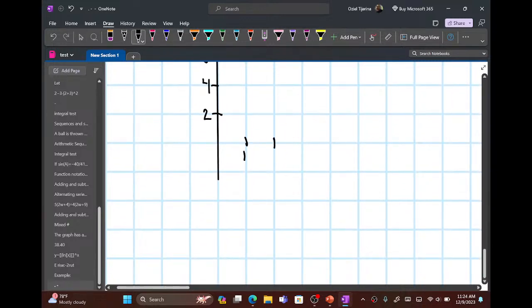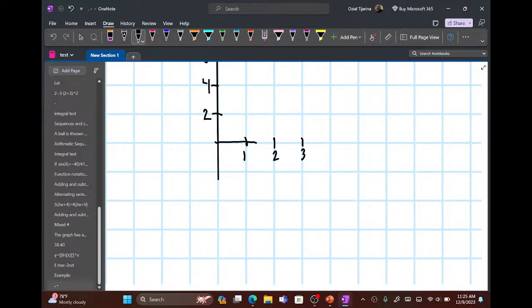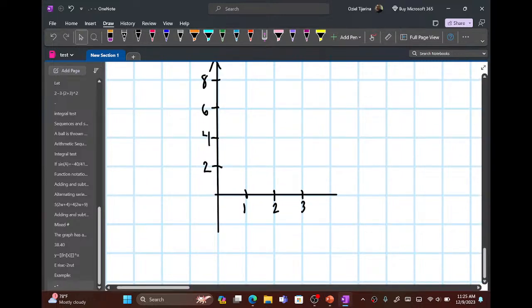Very simple stuff. For now, I'm just showing you guys how to plot coordinates.